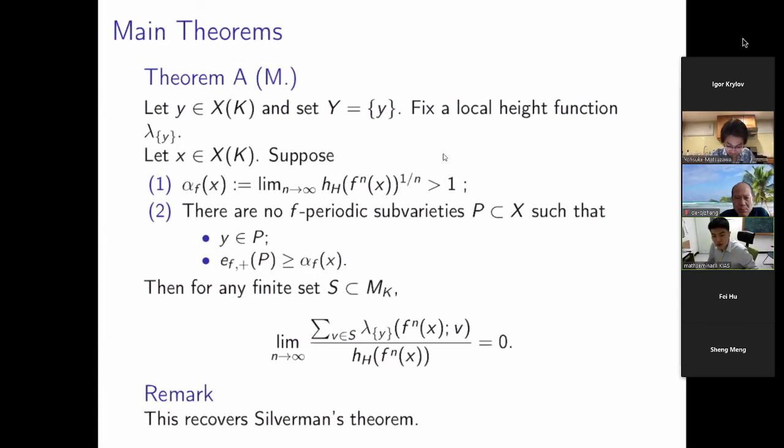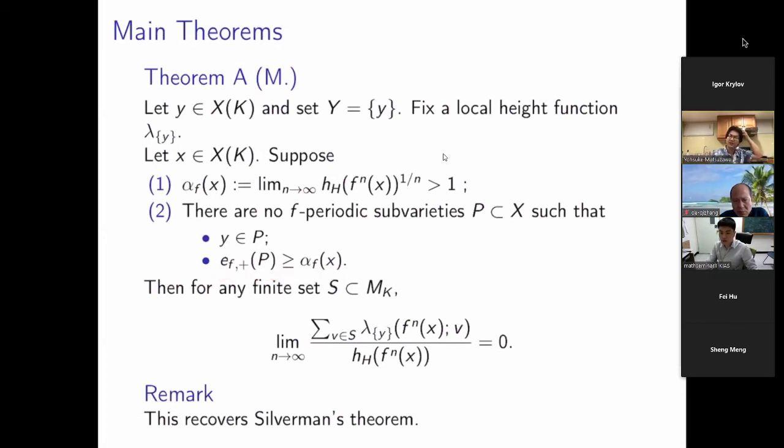For example, your X is just P1 or just a curve, and P is just a point. Does the second condition mean that P will be totally periodic or something like this? If your second condition, f epsilon plus P greater or equal than alpha f x, if P is a divisor, I guess this implies P is totally periodic or not.